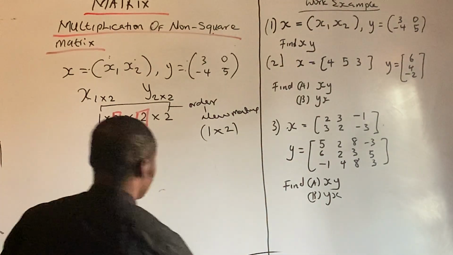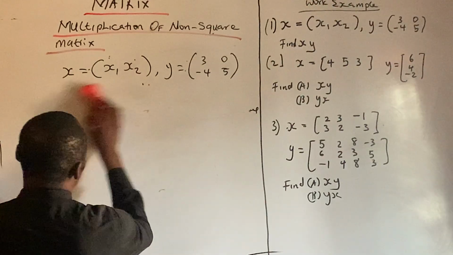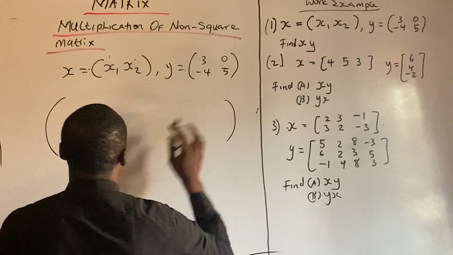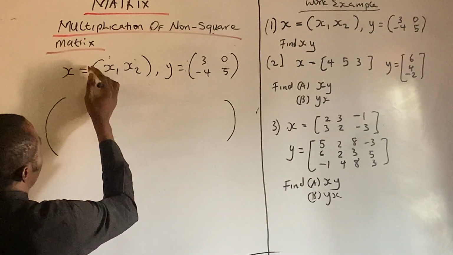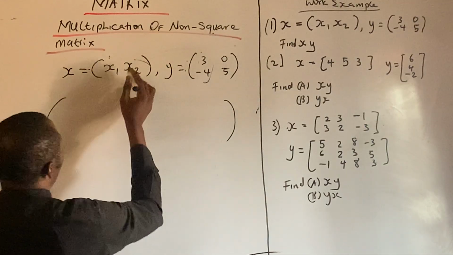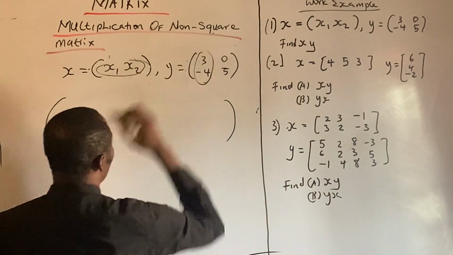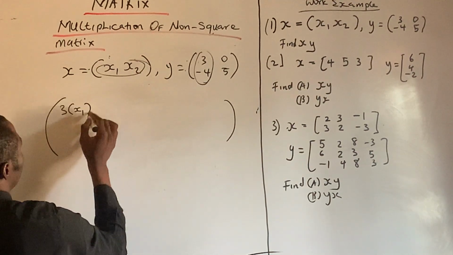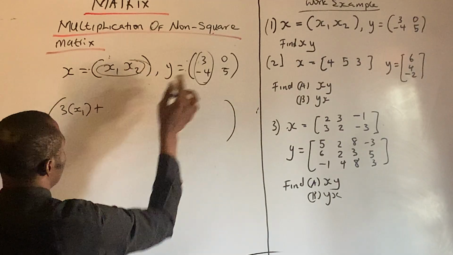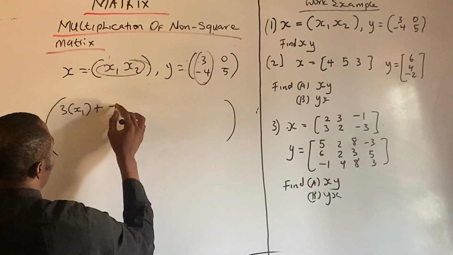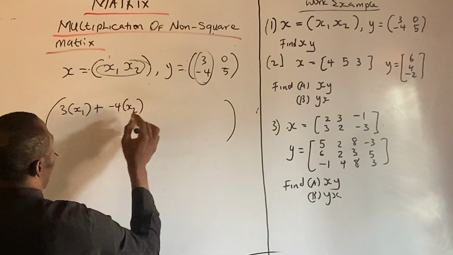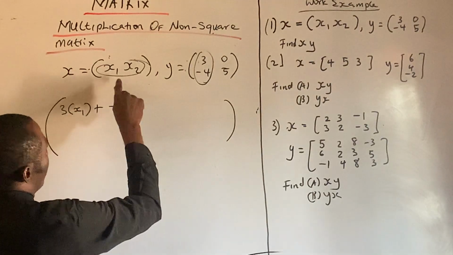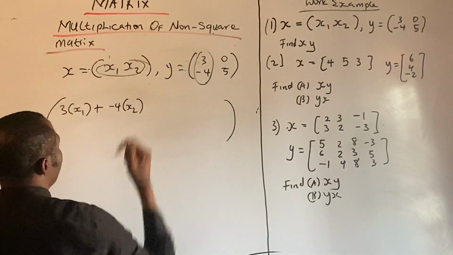Let's do the maths. Now, let's open a big bracket. And in that big bracket, let's multiply the row with the first column. So this will become 3 times x1, plus x2 times minus 4, or minus 4 times x2, whichever way you want to do it, it will give you the same answer.